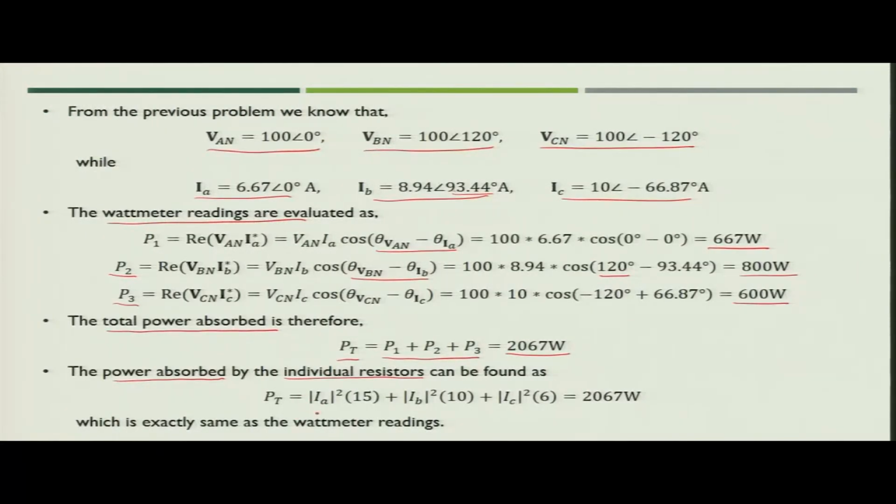We can just calculate the value of I square R for each individual phase, and when we sum up, we get the value of total power absorbed by the load as 2067 watt. So, this says that we have arrived at the correct value of real power.